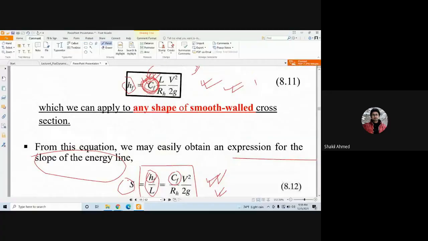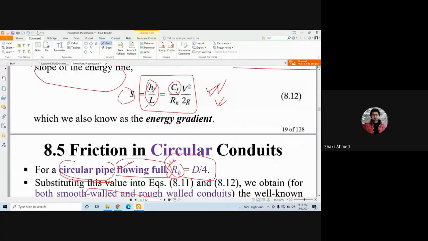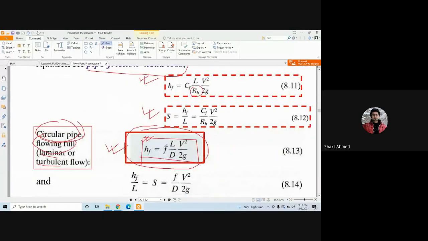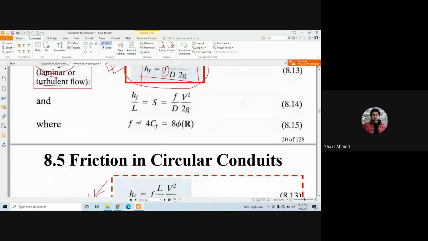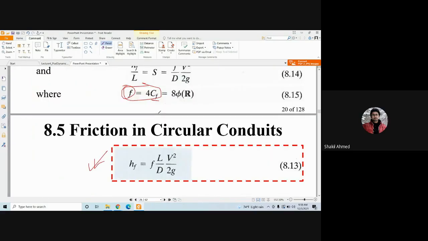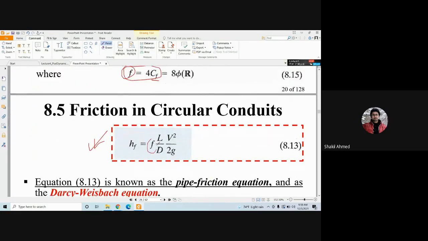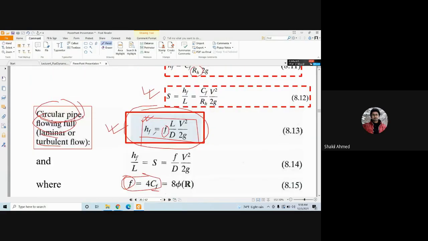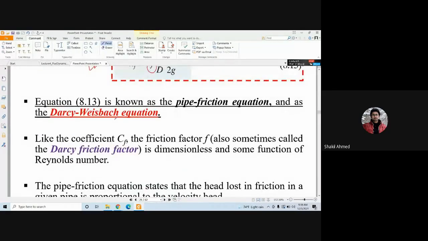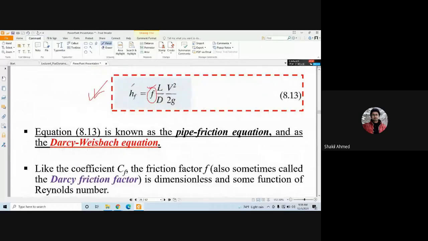And we have further replaced this CF with the friction factor that is called F. What is the relationship between F and CF? This is the relationship. So this is the friction factor. Finally, the shear stress has been replaced with this. But you have to remember that this equation is for a circular pipe only, flowing full. And this is a very famous equation.